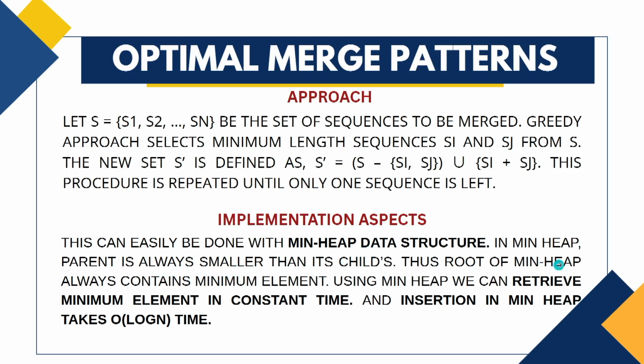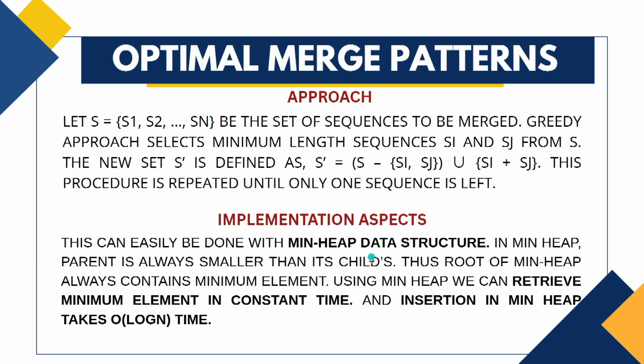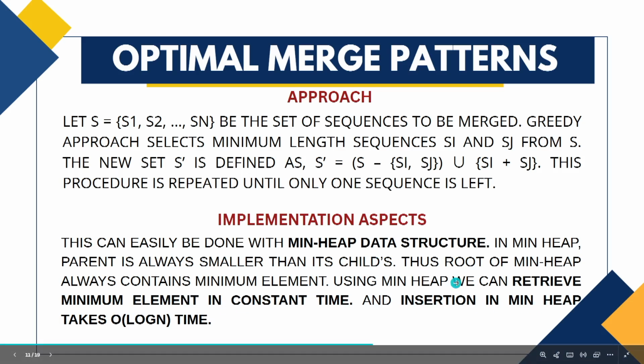So the root of the min heap will always contain the minimum element from among the set of elements available in the heap. Whenever you do a deletion operation on a min heap, that helps you retrieve the minimal element in a constant amount of time, and whenever you want to insert a new element onto a heap, insertion will take a time of order of log n. So deletion takes constant time, which is order of 1, and insertion takes a time of order of log n.